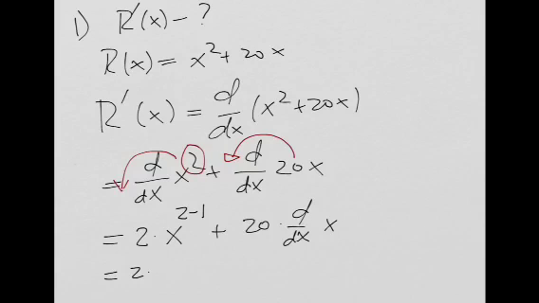I got 2 times x to the 2 minus 1 to the first power, right? 2 times x plus 20 times the derivative of x, which is just 1. Yeah? So the marginal revenue is 2x plus 20.